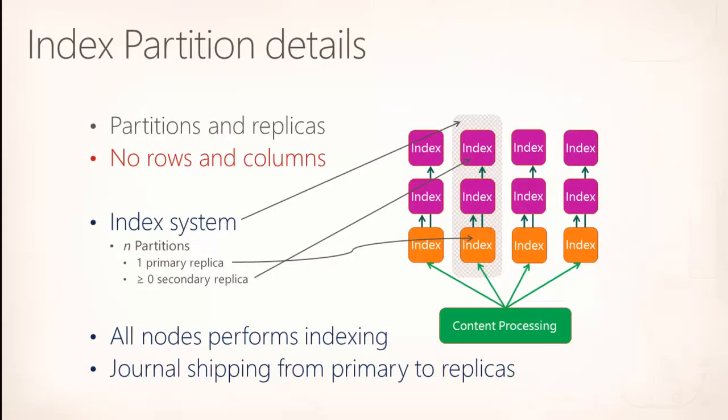It can, of course, fail over. The primary index partition node is the one that actually receives the feeding from the content processing component. Now, it sends these forward to the other nodes in the same partition through journal shipping. So indeed, all the index nodes, no matter if they are replicas or the primary, will do indexing in SharePoint 2013.